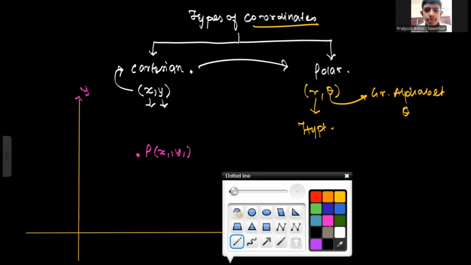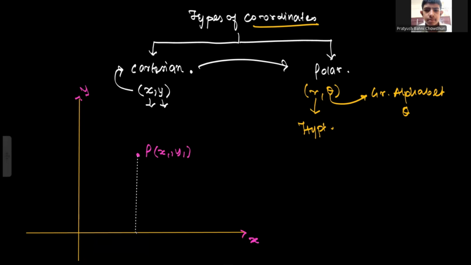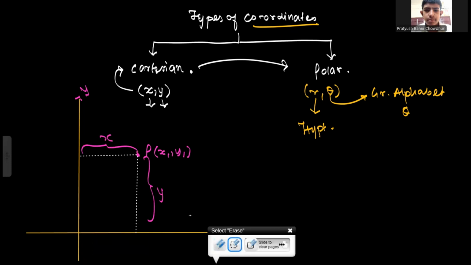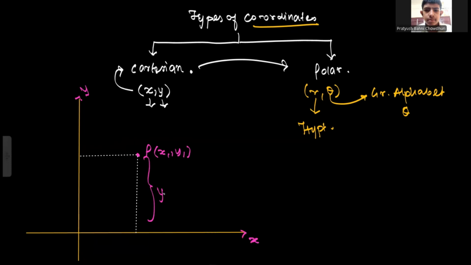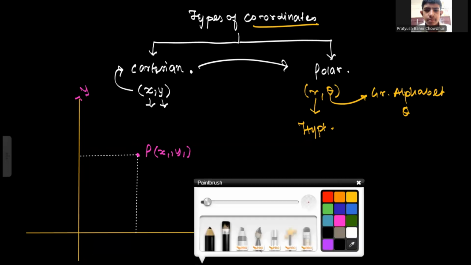A dotted line comes down, and from here another dotted line. This whole value is y and this whole value is x.